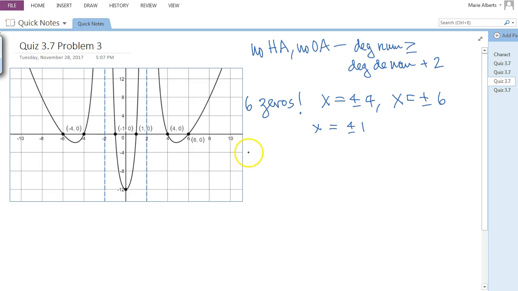Vertical asymptotes at x equals negative 2 and x equals positive 2. So that means that we know that x plus 2 and x minus 2 are factors of the denominator.